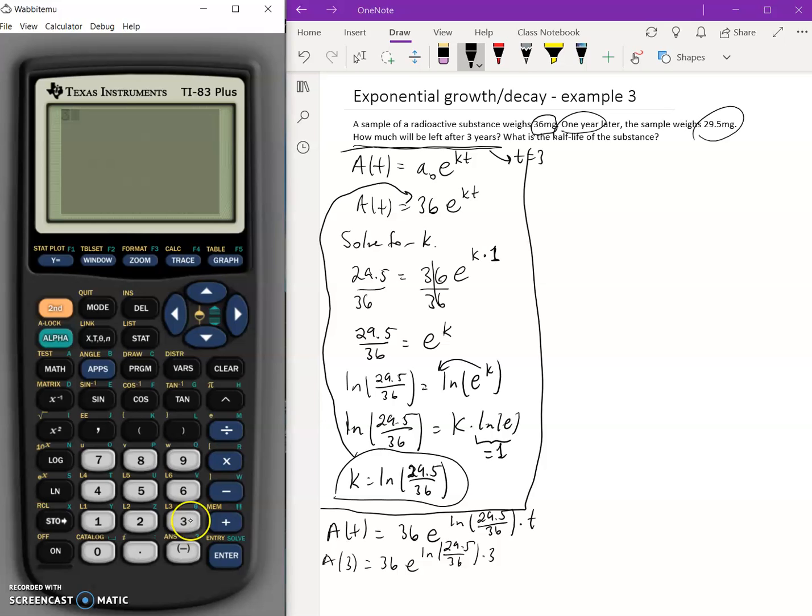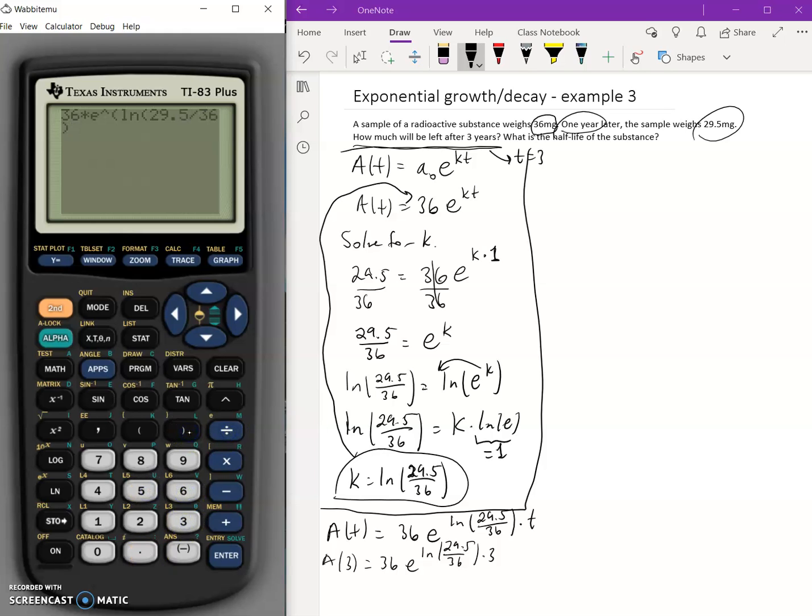So let's see, how do we plug that into the calculator to make sure we get the right answer? I'm going to type in 36 times, over on the left side, there's this e to the x, so I press second natural log button. That goes to e to some exponent. Now in the exponent, I'm going to have the natural log of 29.5 divided by 36.